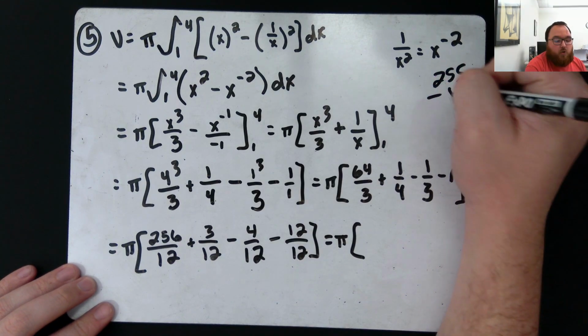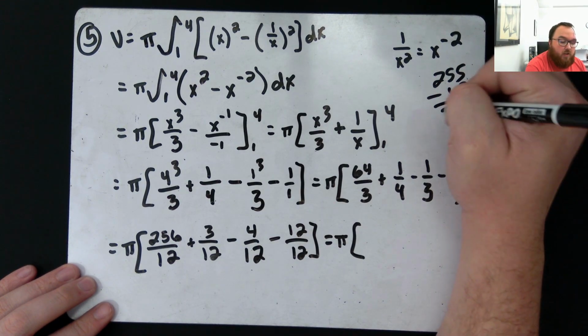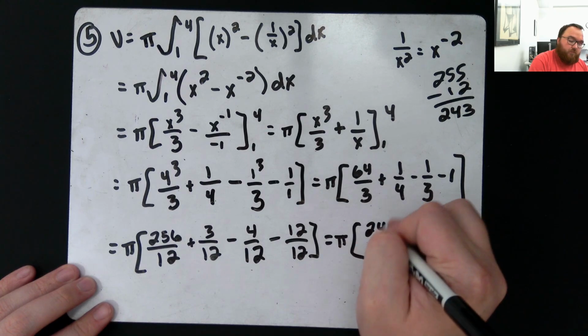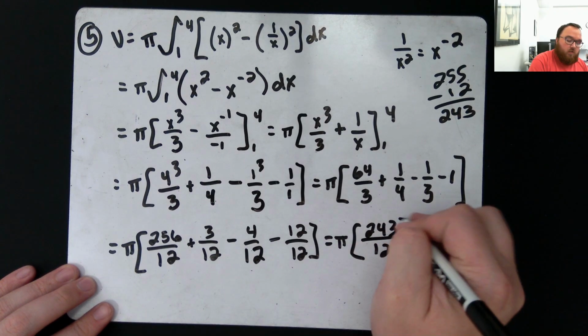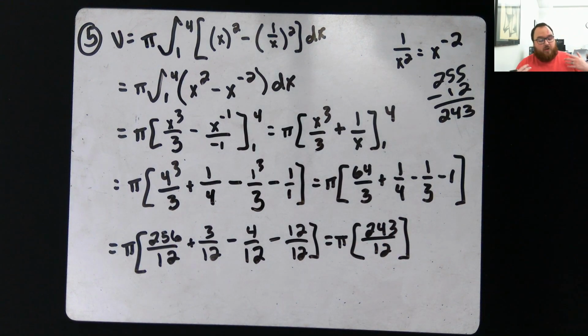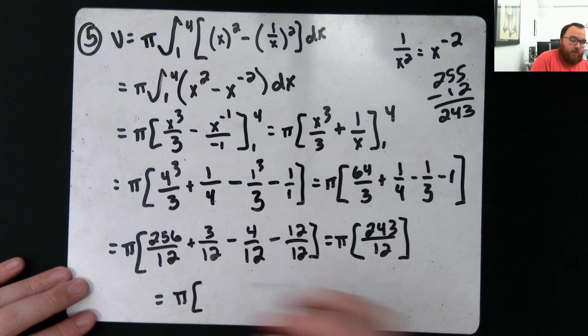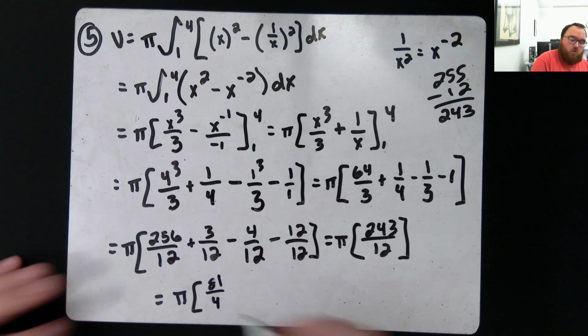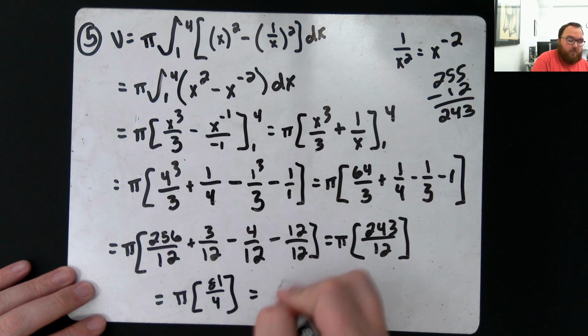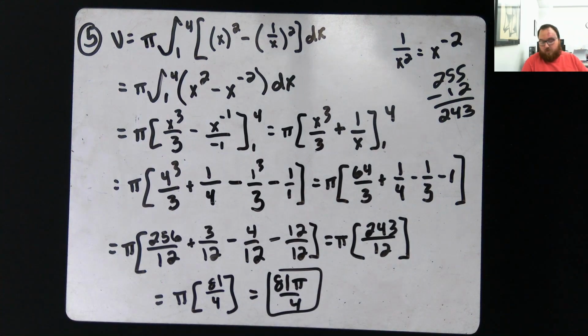I was trying to be really smart and do it all in my head, but let's be real. 243. Those have a common factor of 3. Divide by 3 and you get 81 over 4, which is as simplified as it can get. So 81 pi over 4.